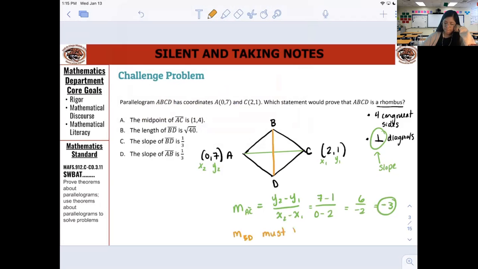Since the diagonals are perpendicular, I just switched it to be an opposite reciprocal. Right. We know that it has to be the opposite reciprocal because that's the definition of a rhombus. So if one of those diagonals is negative 3, the other one must be 1/3. So my answer is answer choice C.